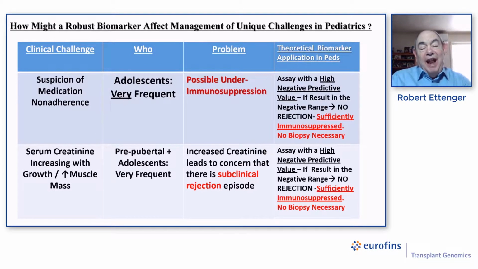Thus, an assay with a high negative predictive value would be useful, because if it's in the range of negativity, then there's likely to be no rejection, and we don't have to chase a marginally increased serum creatinine. No biopsy is necessary because the patient is sufficiently immunosuppressed.